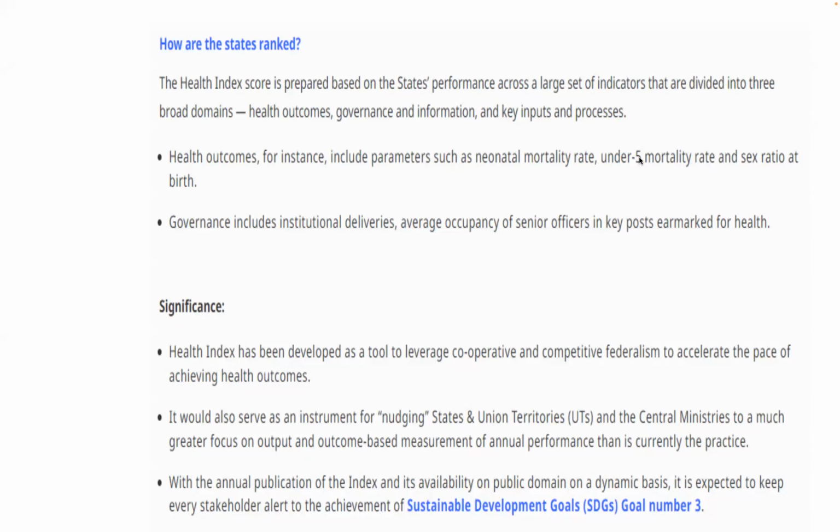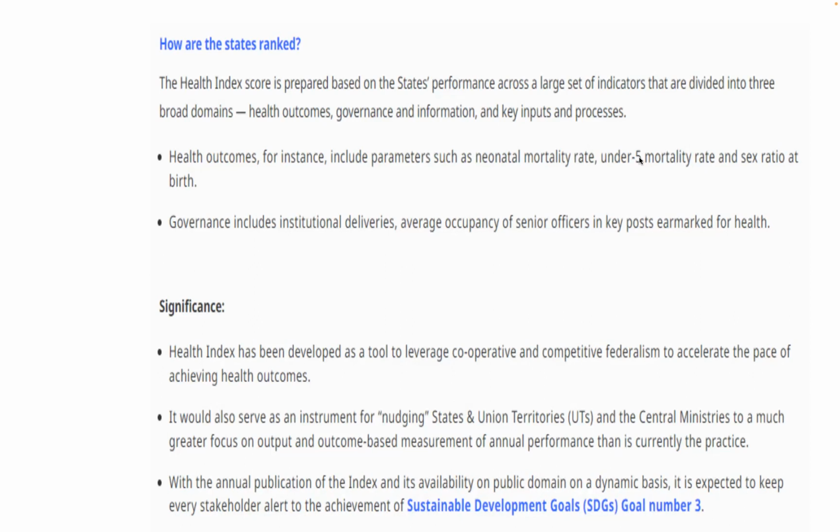So that is why the ranking system, that is the health index, is required, and this has been framed by NITI Aayog. It also serves as an instrument for nudging states, union territories and central ministries to a much greater focus on output and outcome-based measurement and annual performance than is currently the practice.